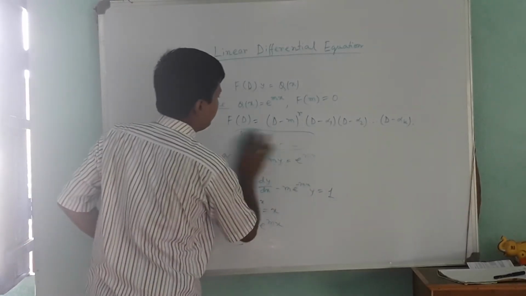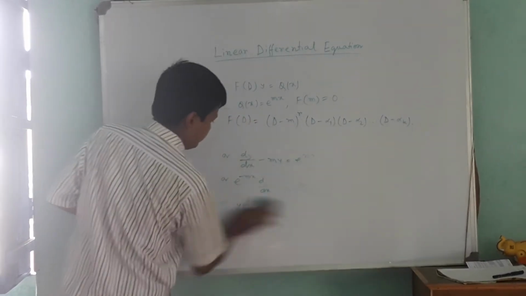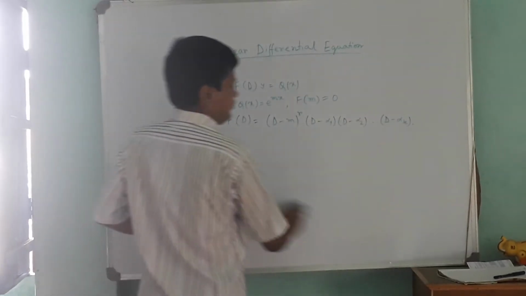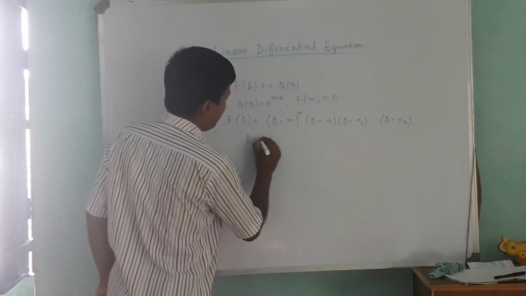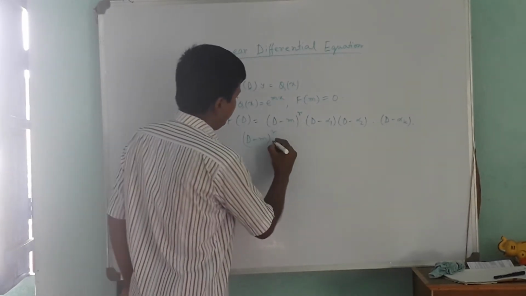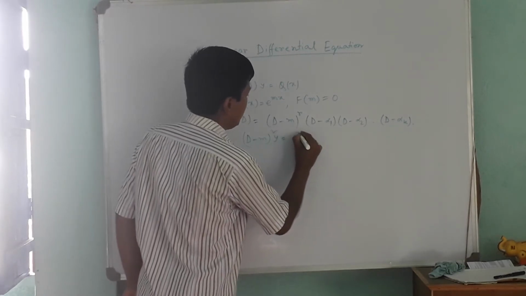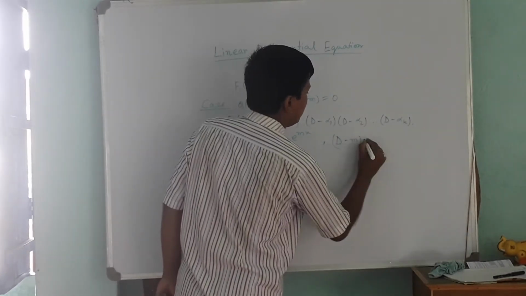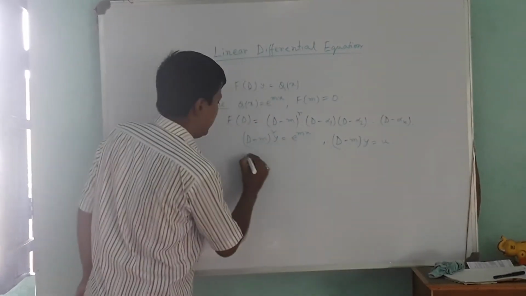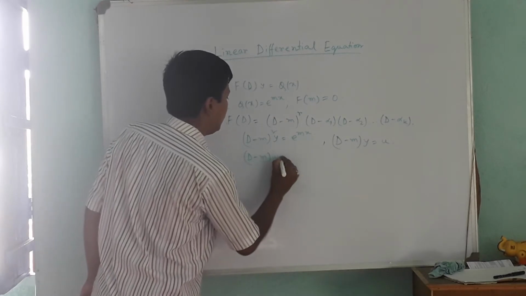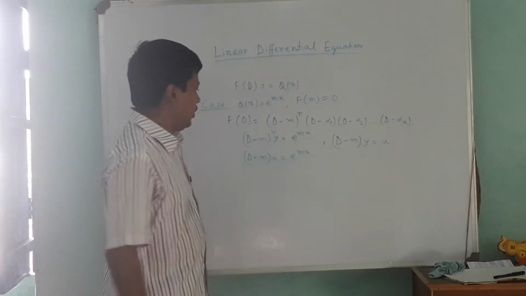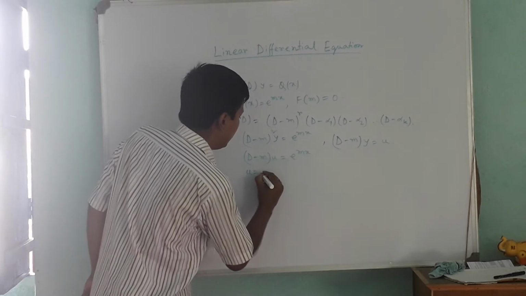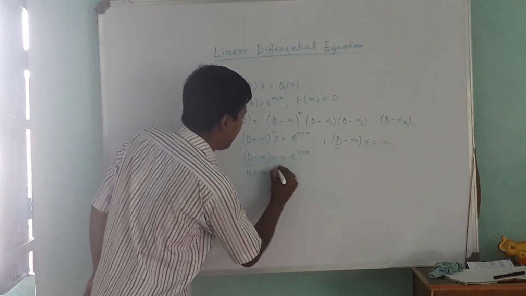Now (D - m)^2 y = e^(mx). If we put (D - m)y = u, so we get (D - m)u = e^(mx). For this differential equation, we know that the particular integral is obtained as u = x e^(mx).